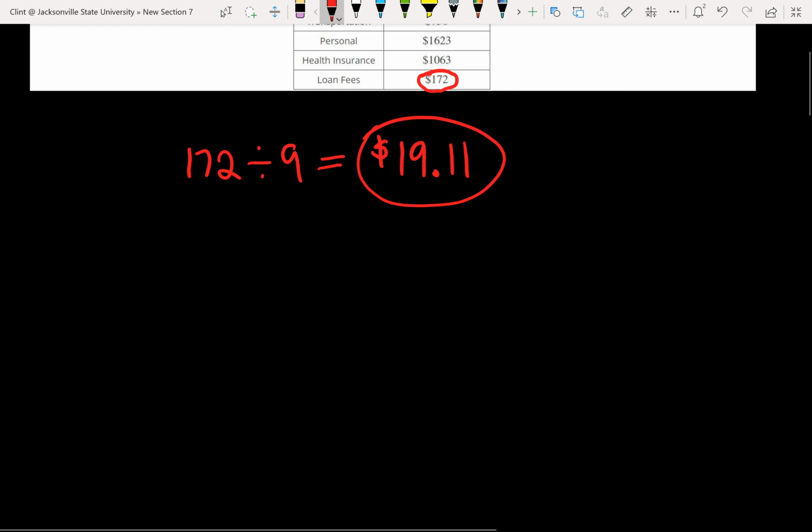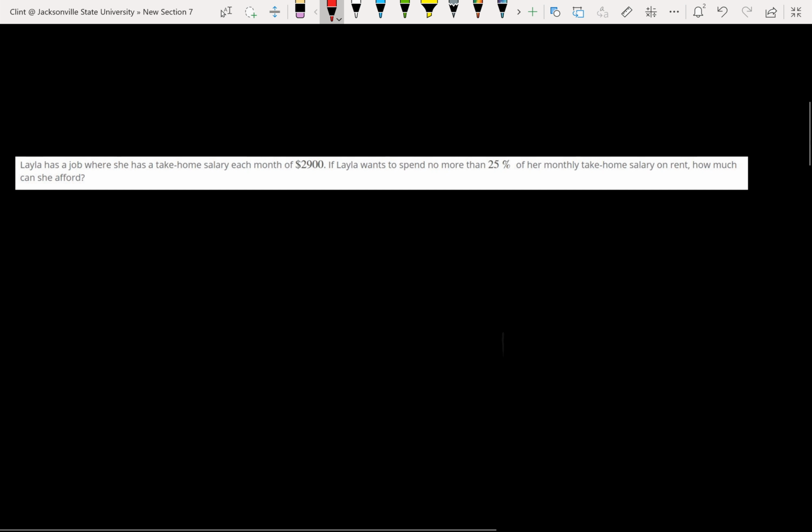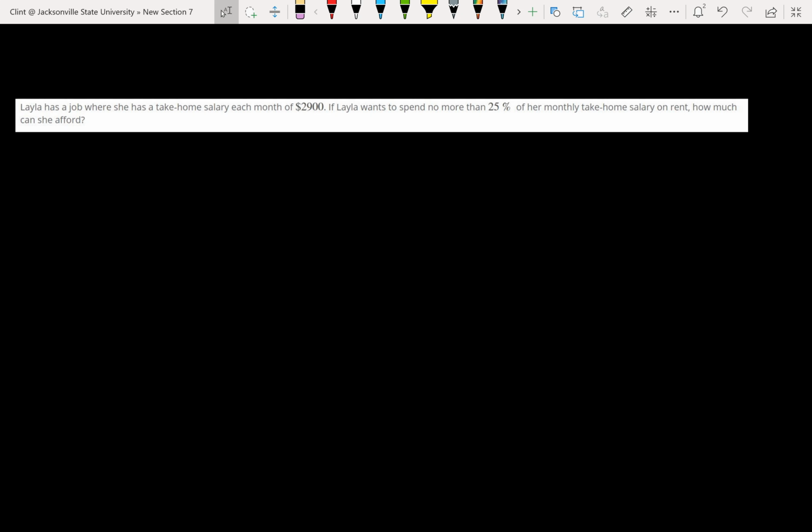Okay, let's look at another type of problem from 9.2. It says Layla has a job where she has a take-home salary each month of $2,900. If Layla wants to spend no more than 25% of her monthly take-home salary on rent, how much can she afford? So 25% is 0.25.